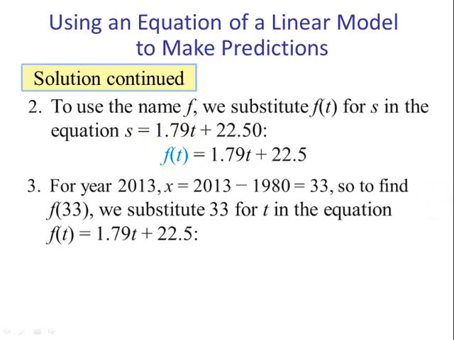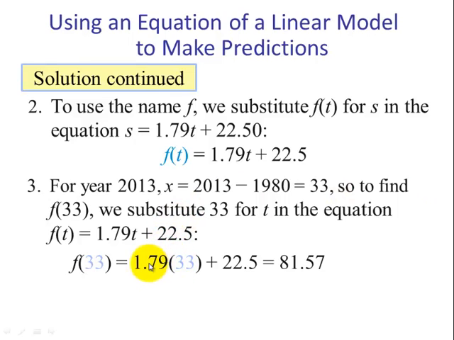Number 3, for the year 2013, t will be equal to 33. We take 2013 and subtract 1980 because t is how many years beyond 1980. f of 33 would be equal to 1.79 times 33 plus 22.5.